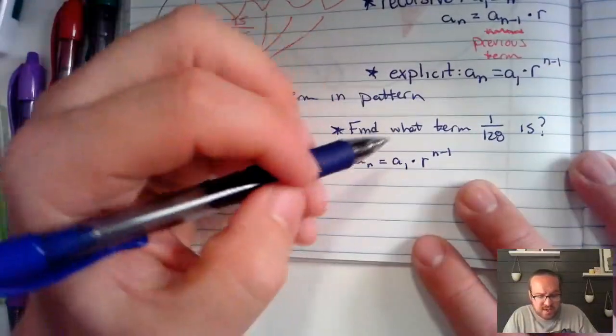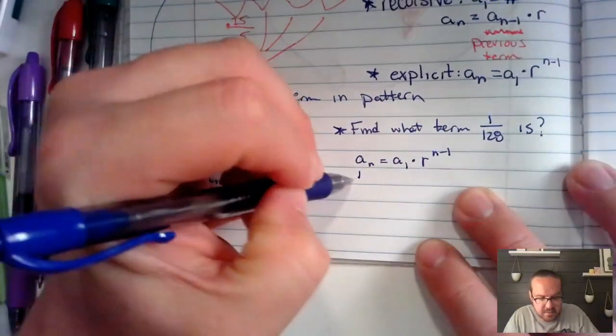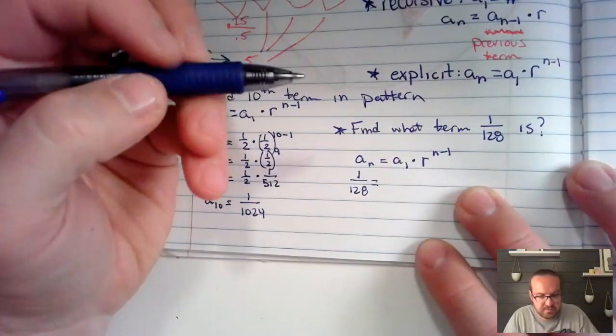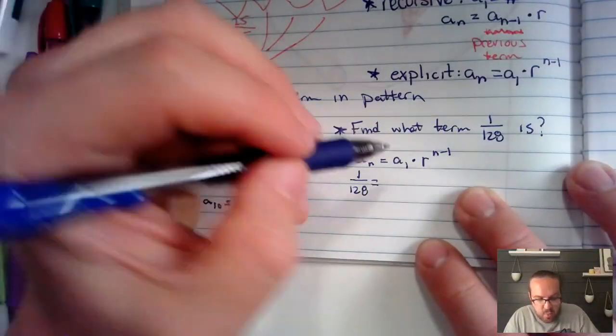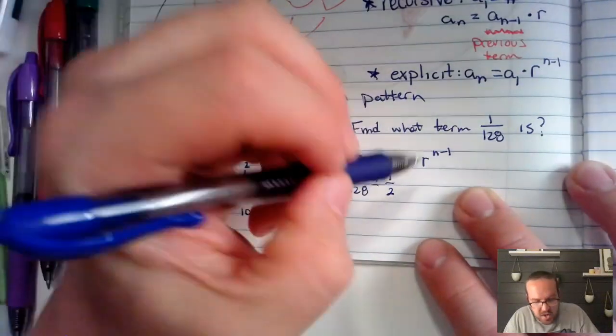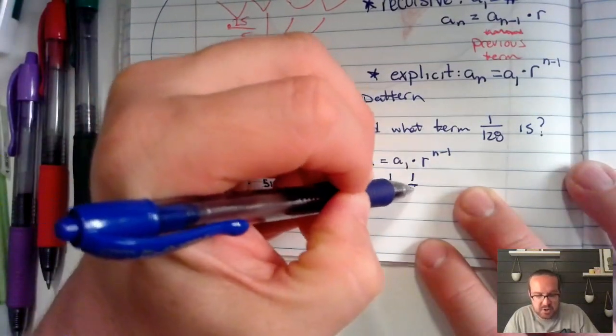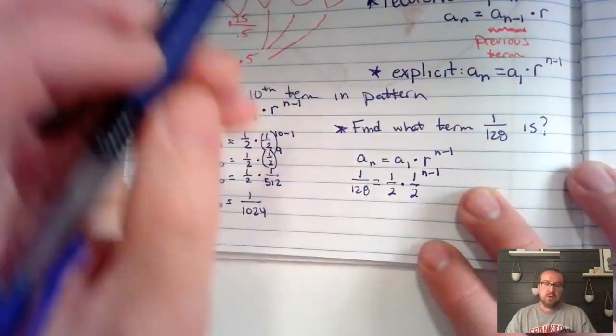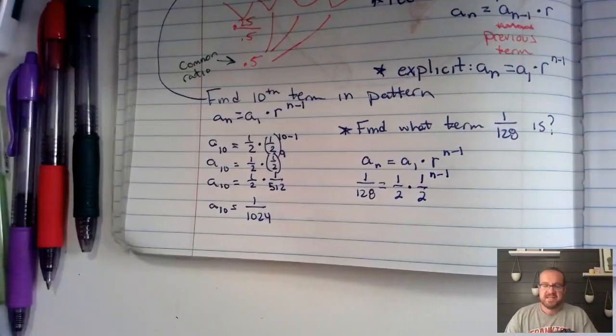There are a couple of ways to think about this. I know that this 1/128 is my answer. I know that 1/2 is the first term. I know again that 1/2 was my common ratio, but I don't know exactly what n is.